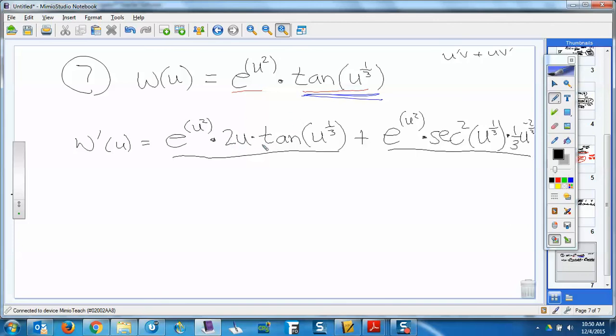I could bring this 2u around, just rearranging. I was telling the other class, I should tell you guys this. It's just a pet peeve of mine. This is where rearranging might be a good thing.